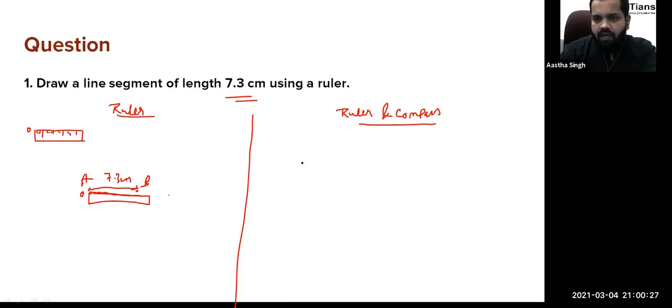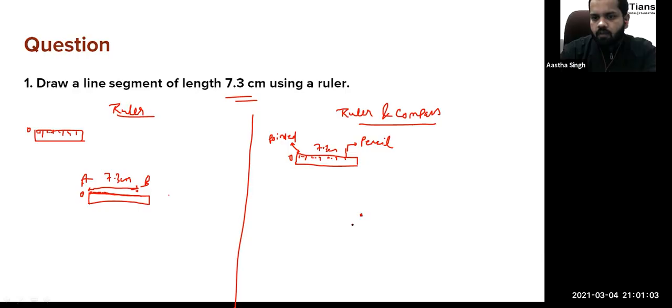Just take a length of 7.3 centimeters with the help of your ruler. Now, with the help of a ruler and compass: make the pointed end of your compass at 0 point, and your pencil at 7.3 centimeters.